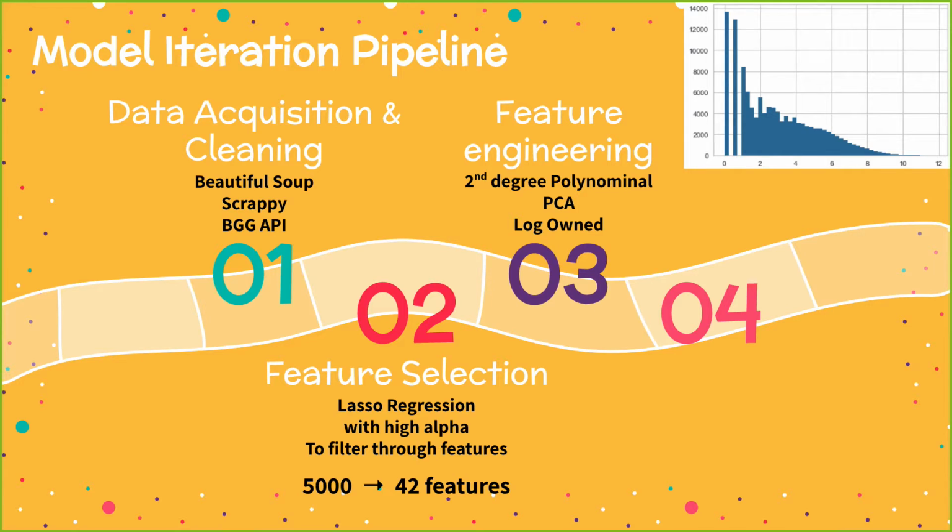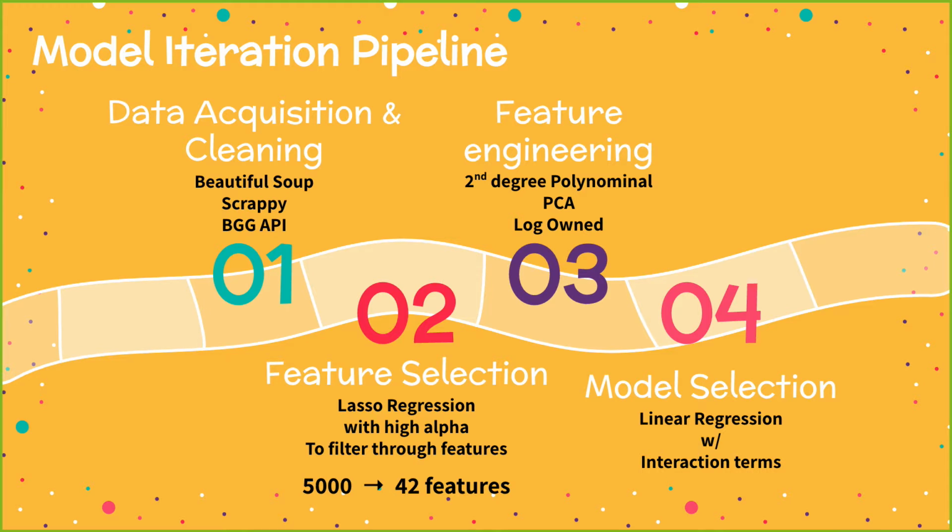I used feature engineering with a second-degree polynomial to find interaction terms. I also included principal component analysis to address some of the dimensionality reduction. And I took the log transform of my target variable to address some of the skewness. But I found that my original target variable performed better than the log transform, so I used the original.